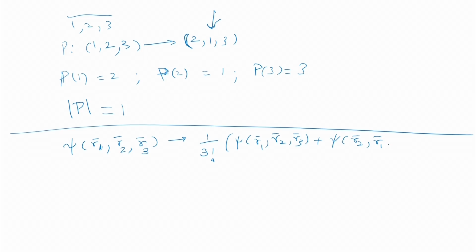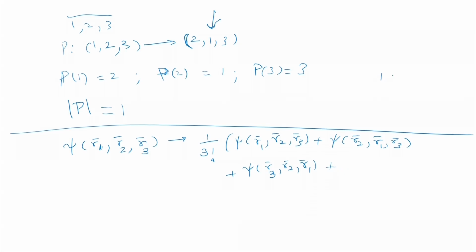So, you start listing all the permutations. There are 6 of them. I am going to list all of them like this. I interchange 1 and 2, then I interchange 1 and 3, then I interchange 2 and 3.